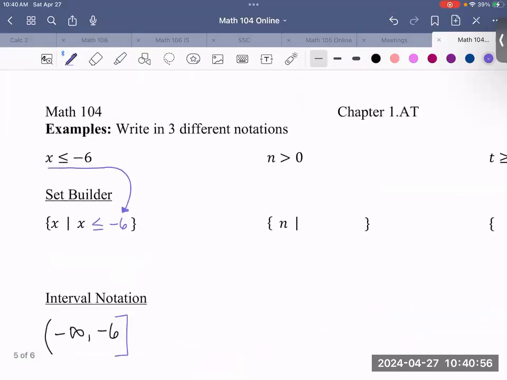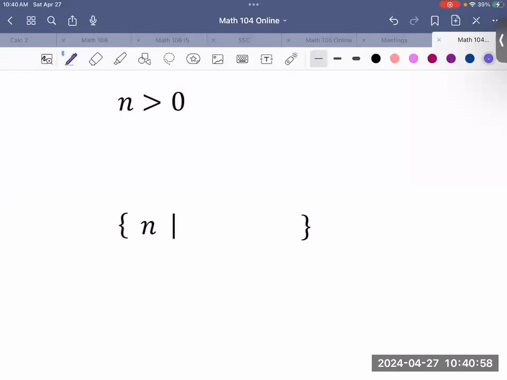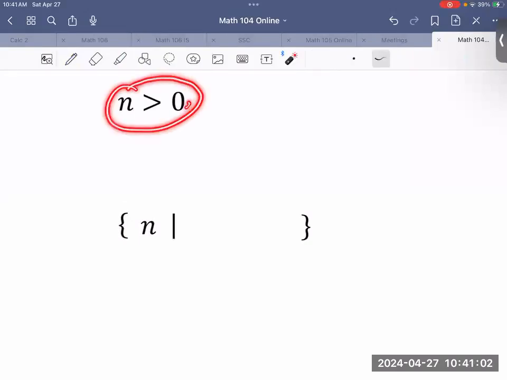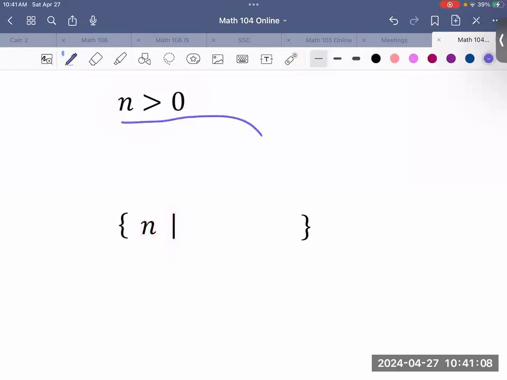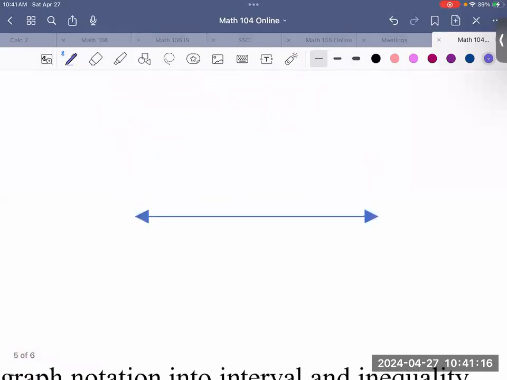Let's try it again. We are looking at n is greater than 0. So this is just saying n is a number such that n is greater than 0. Let's graph it. You have 0.